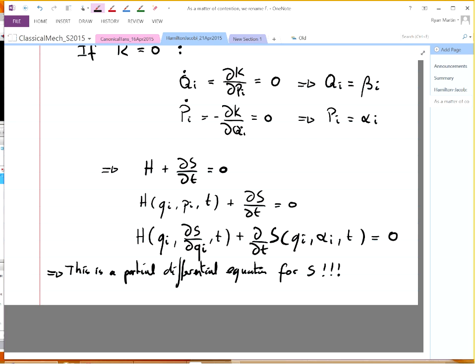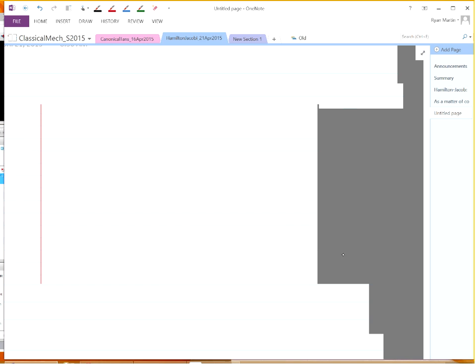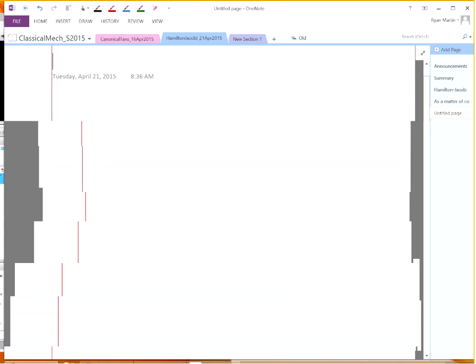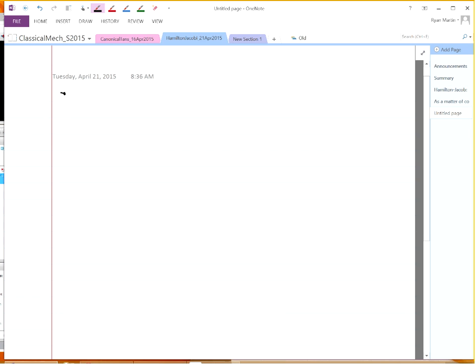So now the problem is finding the correct transformation, and the correct transformation is given by this differential equation. This differential equation is called the Hamilton-Jacobi equation. Okay, so I'll just rewrite it out.